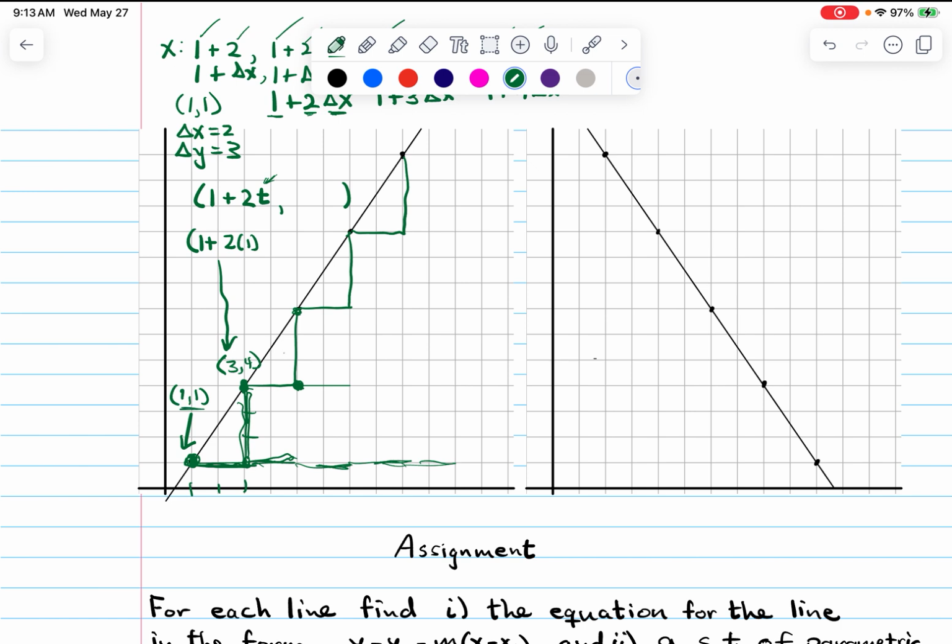And what's this point over here? Well, the x-coordinate is 5, and the y is 1, 2, 3, 4, 5, 6, 7. So now think about this.